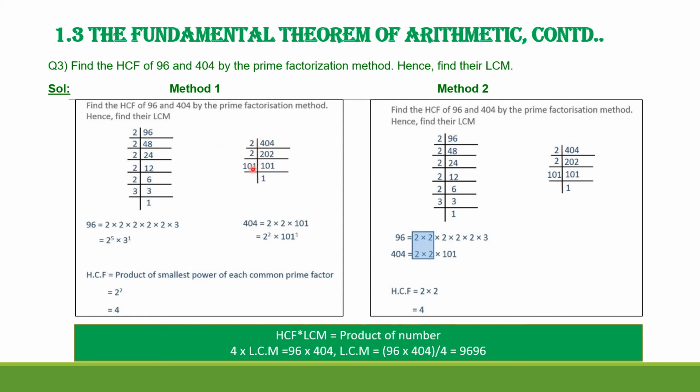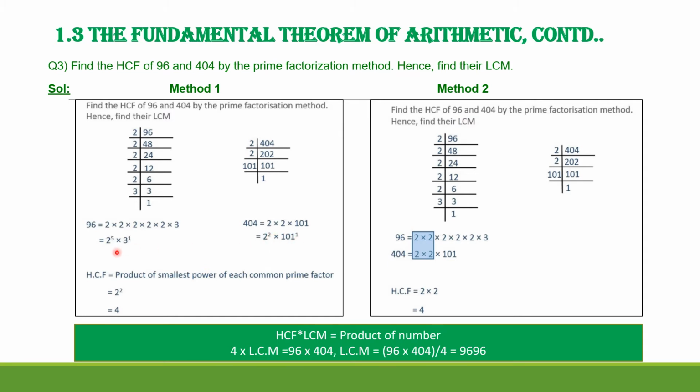Similarly for 404, keep on factorizing until you get 1, or the number is not getting divided anymore. So 96, how can you write it? Take everything from here: 2, 2, 2, 2, 2 and a 3. So 2 power 5 and a 3. And for 404, how can you write it down? 2, 2, 101. 2 to the power 2 and 101.